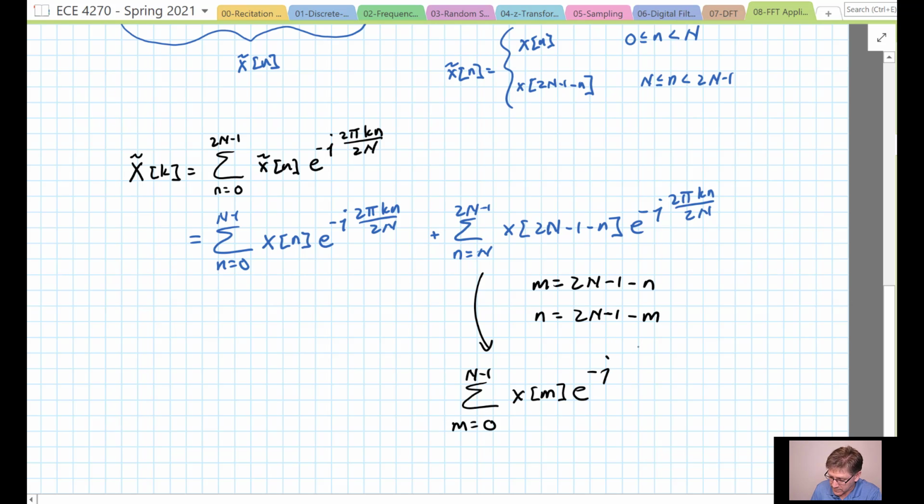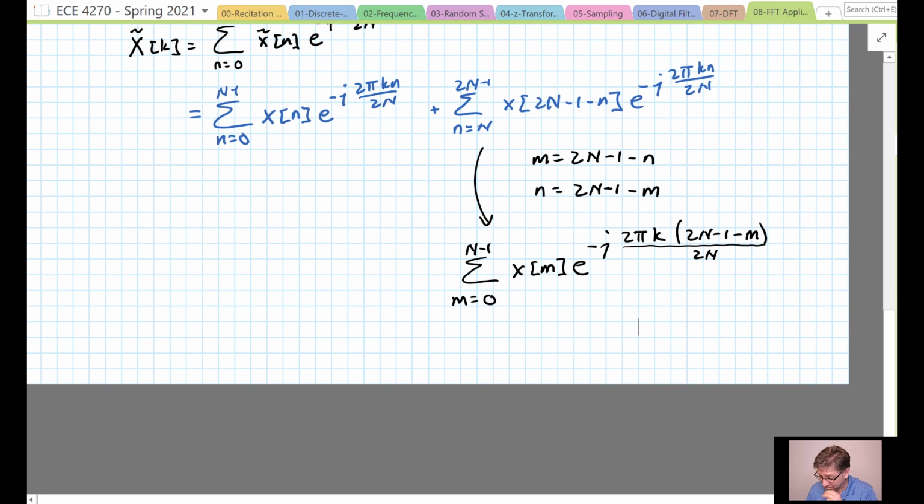Then this is going to get crazy, of course. 2 pi k, and now we're going to have 2N minus 1 minus m all over 2N. So we have a little bit more work to do to simplify that. This 2 pi k times 2 capital N divided by 2N, that all comes out to be an integer multiple of pi.